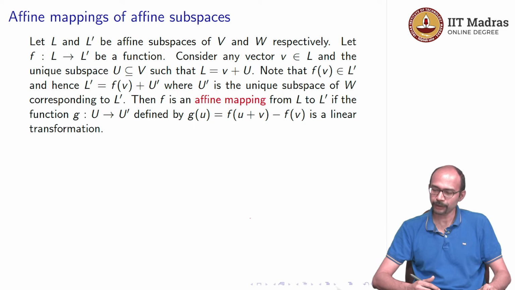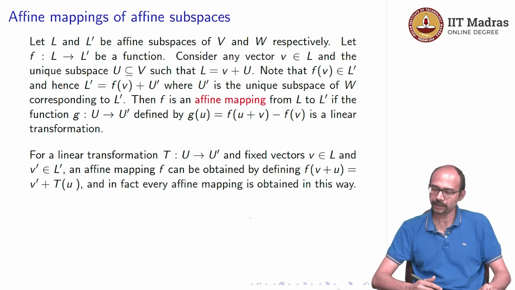Then f is an affine mapping from L to L prime if the function g from U to U prime defined by g of u equals f of u plus v minus f of v is a linear transformation.